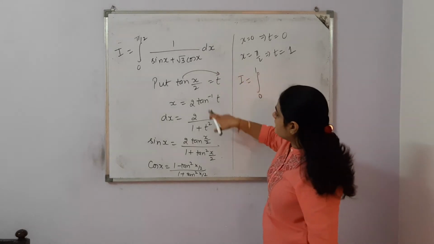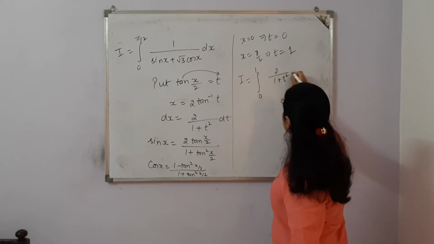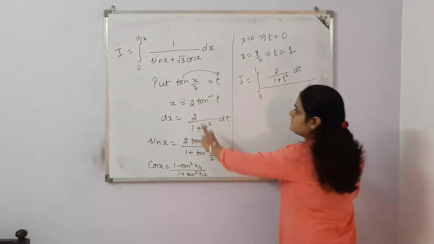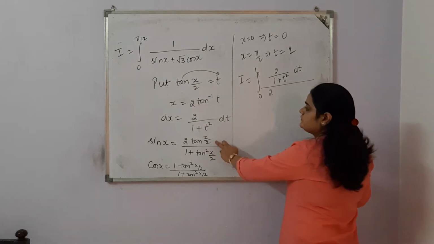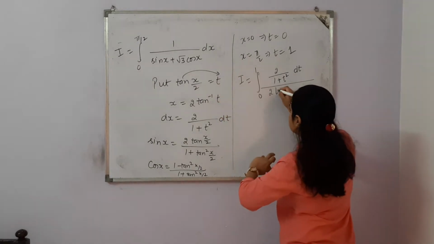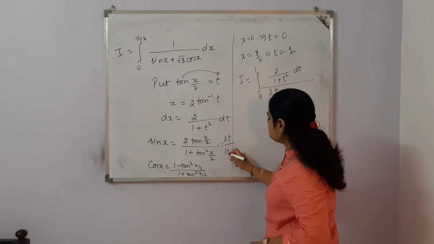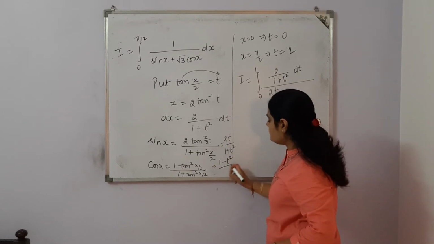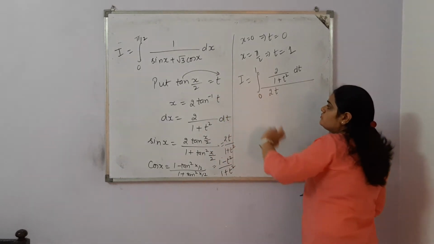In place of dx I will write 2 upon 1 plus t square dt, whole upon sin x. In place of sin x I write 2 tan x by 2, and tan x by 2 is t, so 2t upon 1 plus t square. And cos x is 1 minus t square upon 1 plus t square, because tan x by 2 is t.